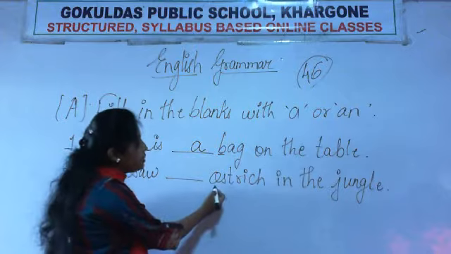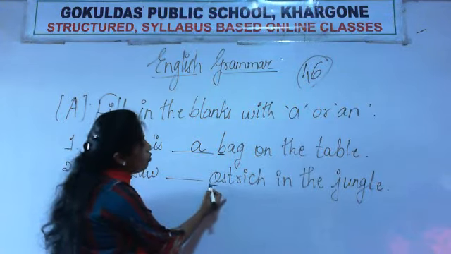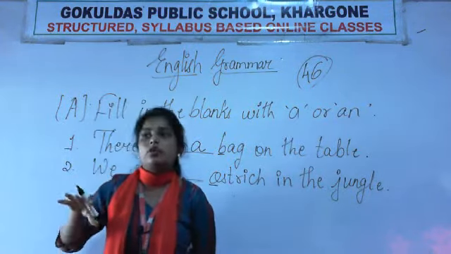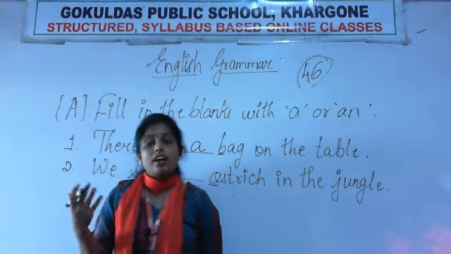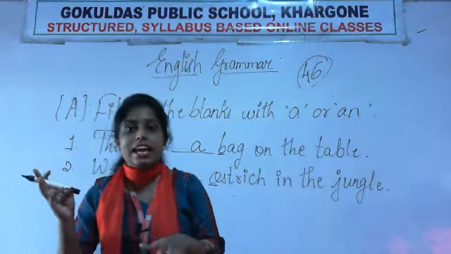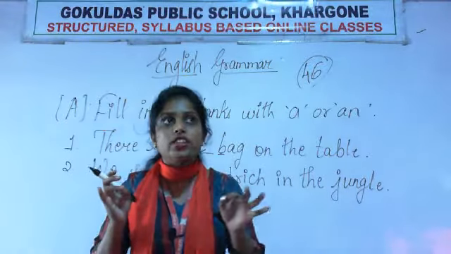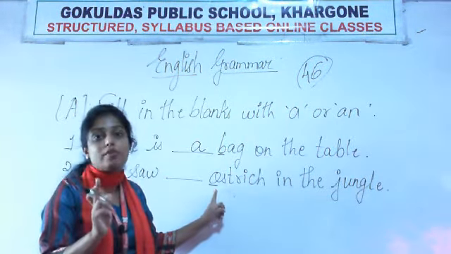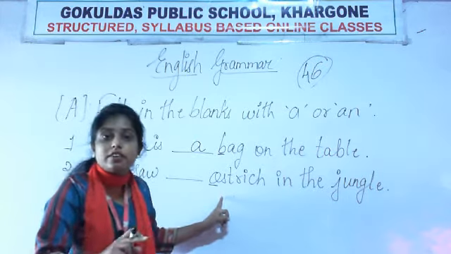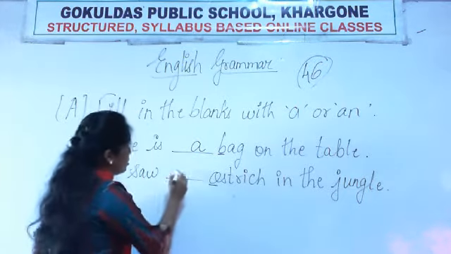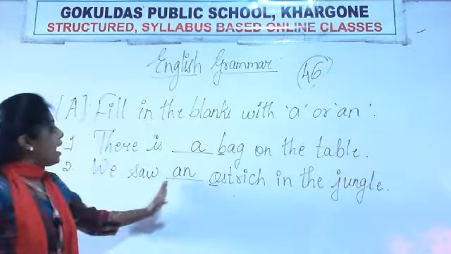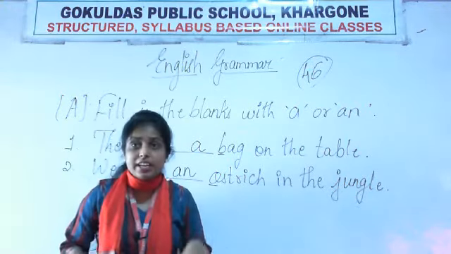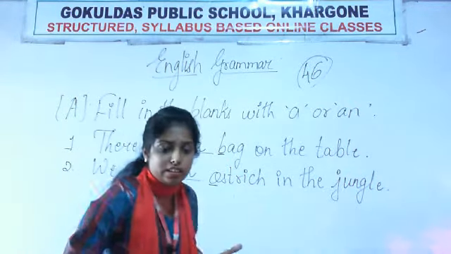So it is beginning with the O sound. Now what is O? Let's look at the vowels first. What are the vowels? A, E, I, O and U. O is coming in this set, right? So O is what? It's a vowel. And with the vowels we use an. So we saw an ostrich in the jungle. हमने जंगल में एक ostrich देखा. Okay.